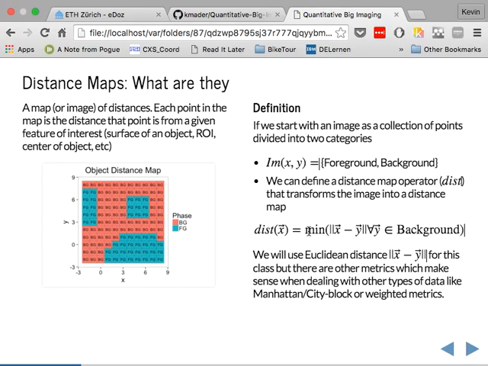If you think about what this problem actually means from a computational perspective, it means you have to take each point in your foreground and compare it to every point in the background. And so if you wanted to switch this minimum to a mean, you'd have to look at every single point in your background in order to calculate the distance at a given point.